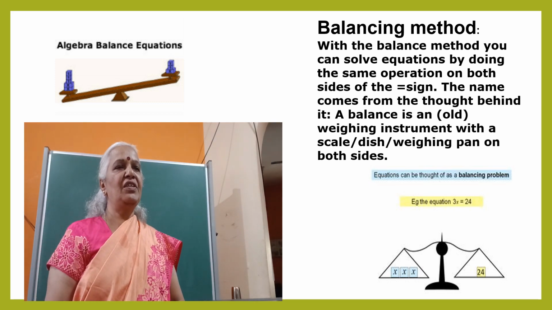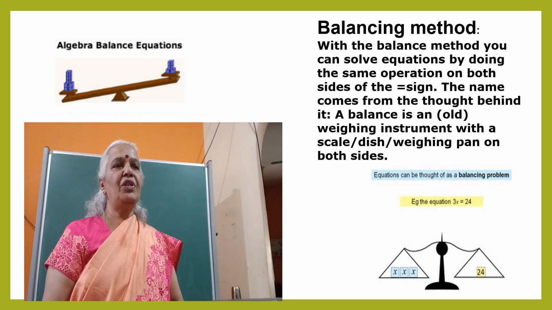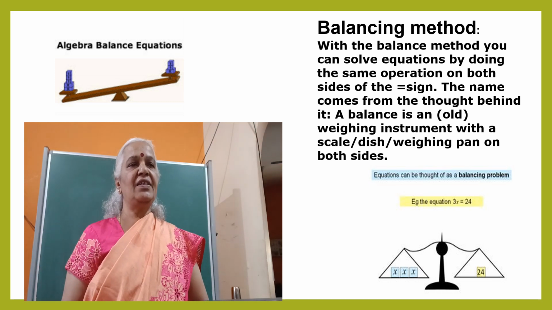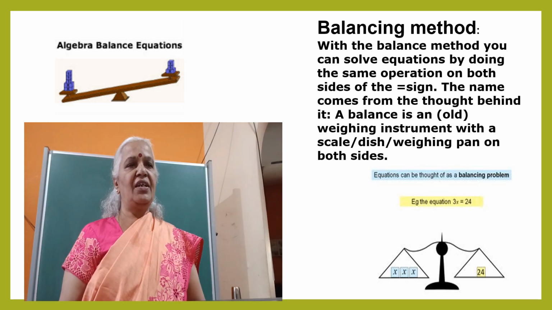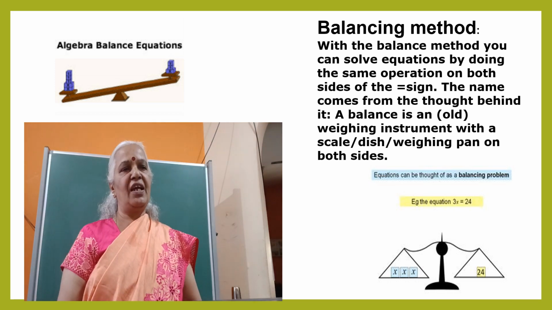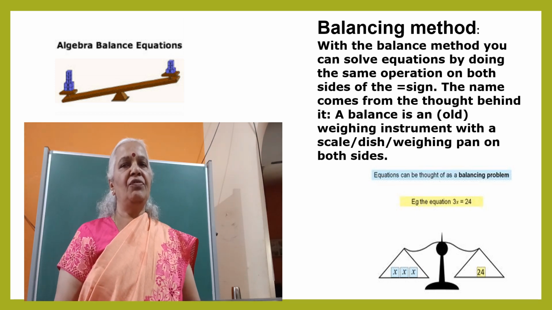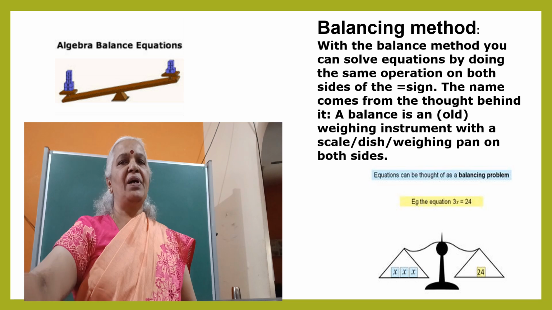You have seen these types of balances where if both the sides are equal, then only this seesaw is balanced. Here also, whatever you add to the left hand side, you have to add to the right hand side also. Then only we can say it is balanced.